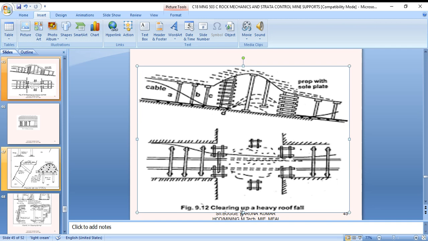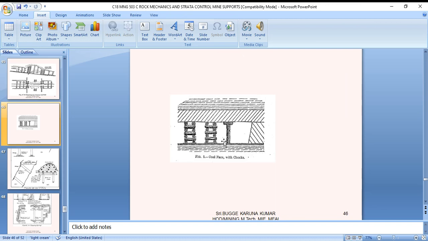This is one model for the junction supports. This is a chock and a prop location at the pole face with flags.